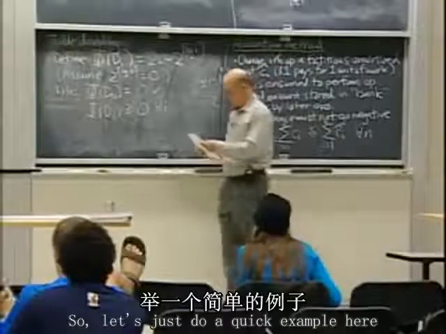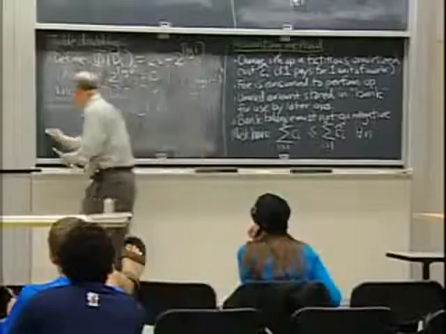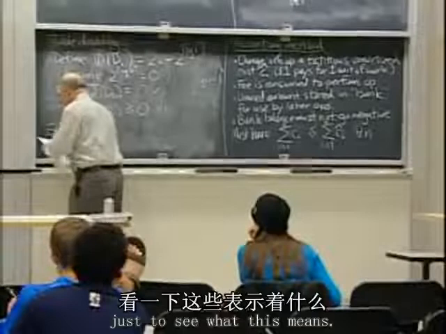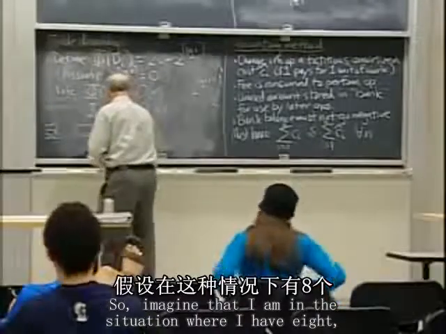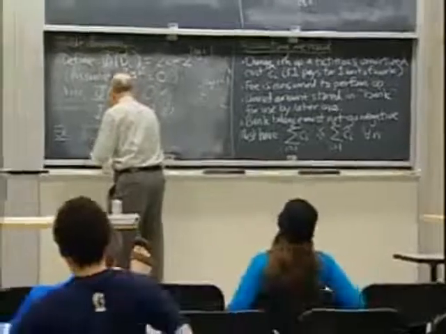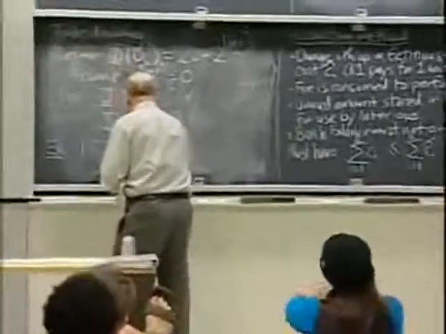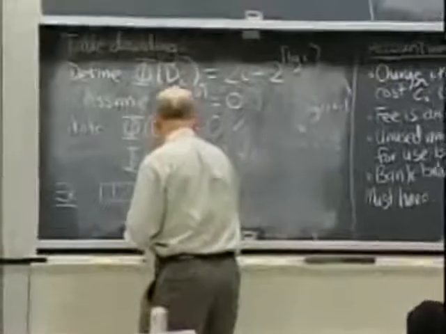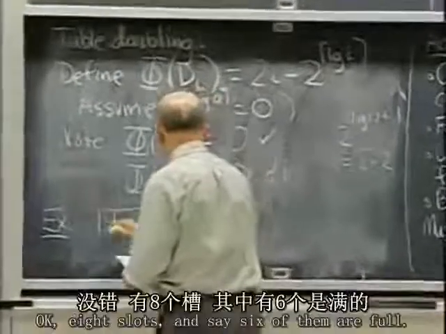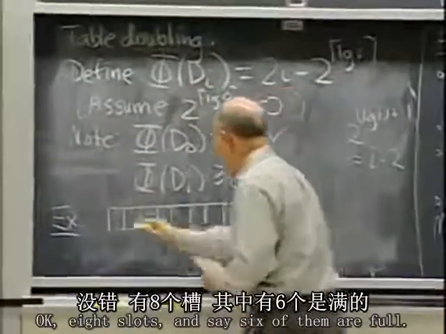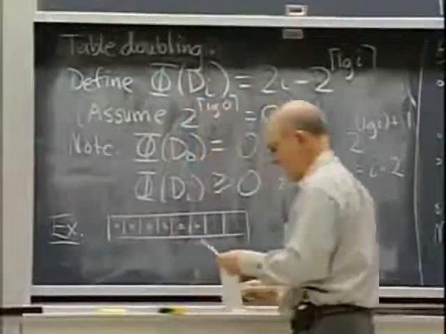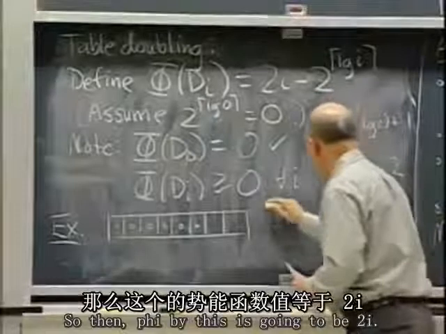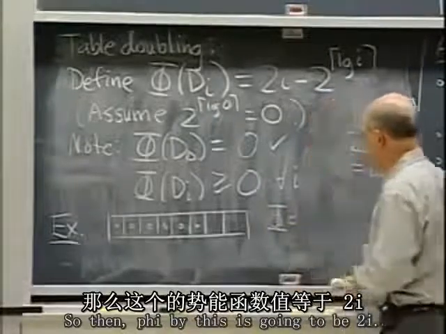So let's just do a quick example here, just to see what this means. So imagine that I'm in the situation where I have 8, did I do that right? Yeah. Okay, 8 slots, and say 6 of them are full. Okay? So then phi by this is going to be 2i.